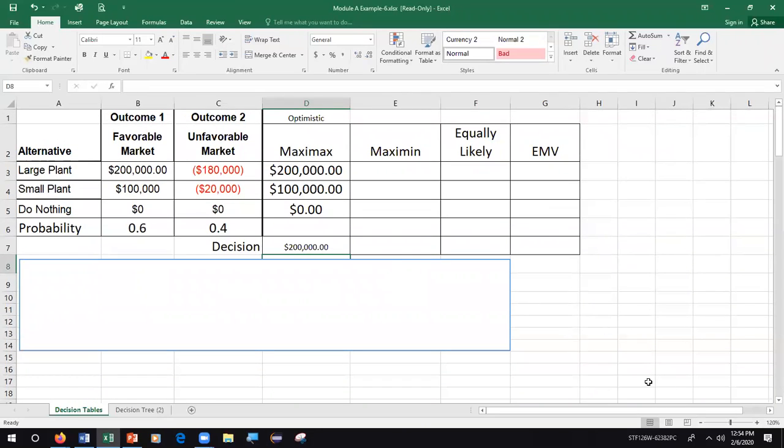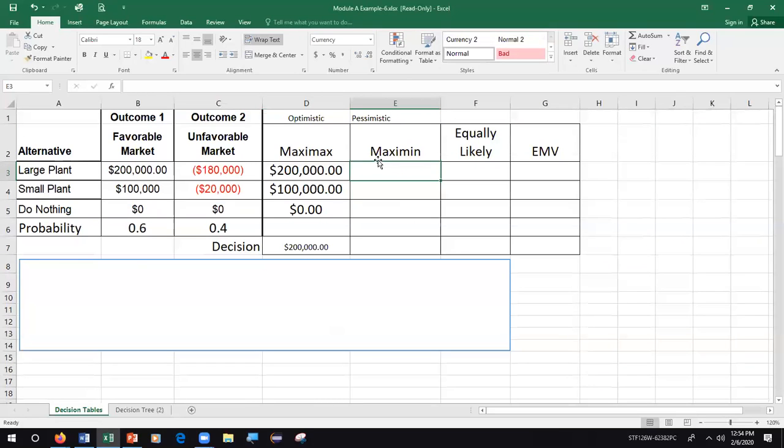Conversely, on the maximin, we know what type of scenario we're associated with? More of a pessimistic approach, right? So in a pessimistic approach, what is it we're trying to do? We're trying to minimize our exposure, making it where if it does go bad, we lose the least possible.